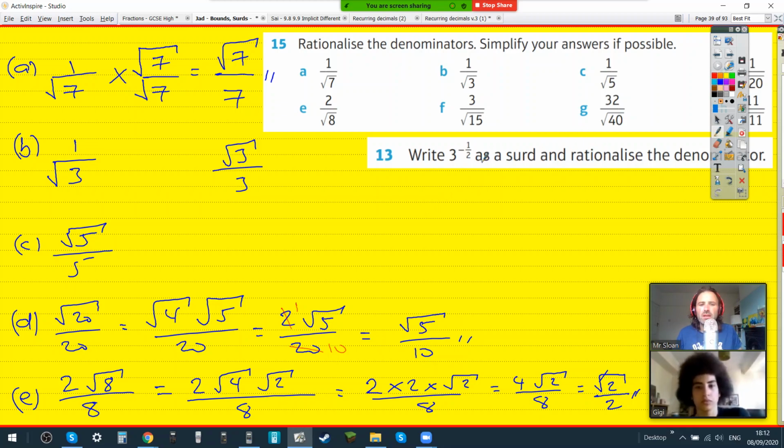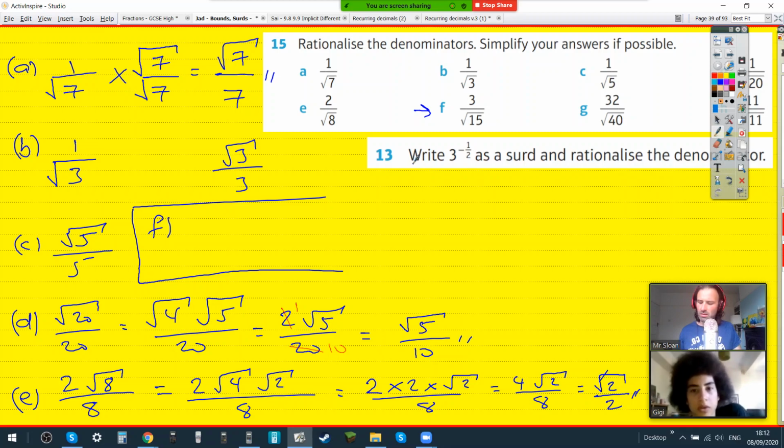Let me see. Okay, let's try F. Seems very similar. 3 over root 15, so it would be 3 root 5 over 15.